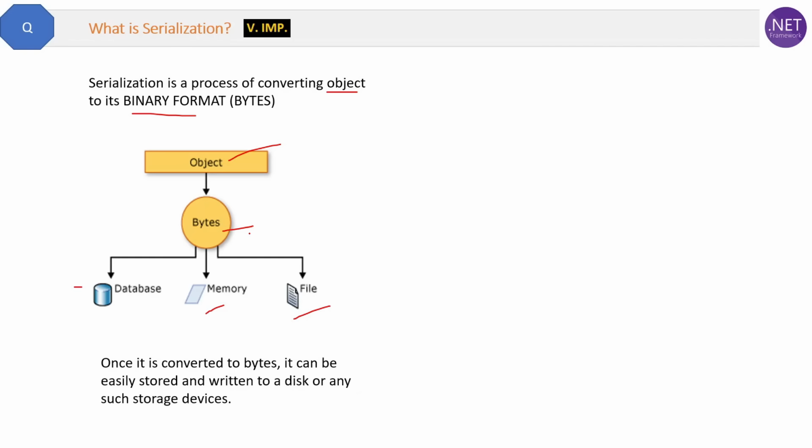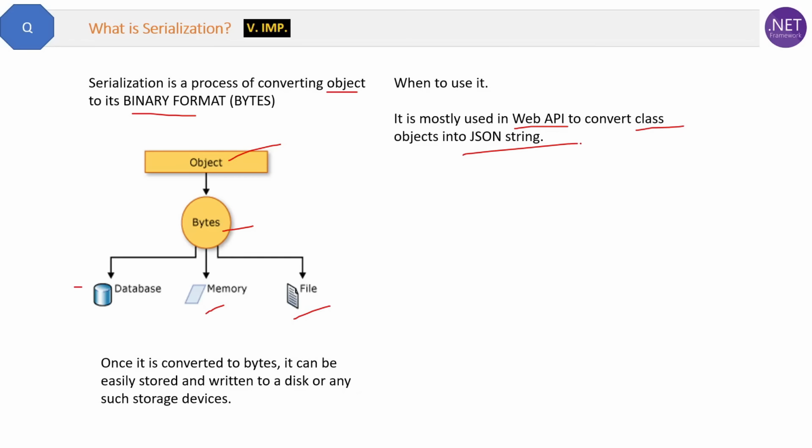Then when you receive it at the receiving end, you have to deserialize this JSON string or XML back into the object. So if I have to say when to use it, it is mostly used in web APIs to convert a class object into a JSON string.